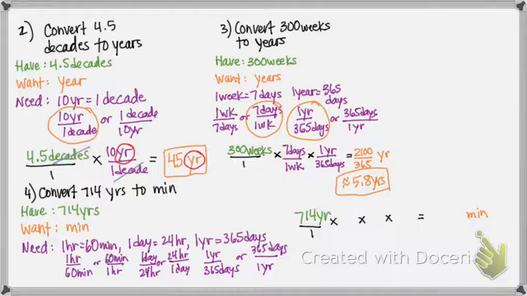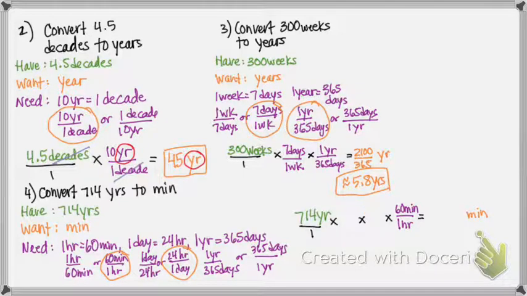Okay, so I can start from the back, and let's see, I want minutes to be on the top, so I'm going to have to use the 60 minutes over 1 hour for that. So that's going to go here. Okay, and then I'm going to kind of work myself backwards. So I want to get rid of the hours, so I have to find something with hours on top, which would be this guy.